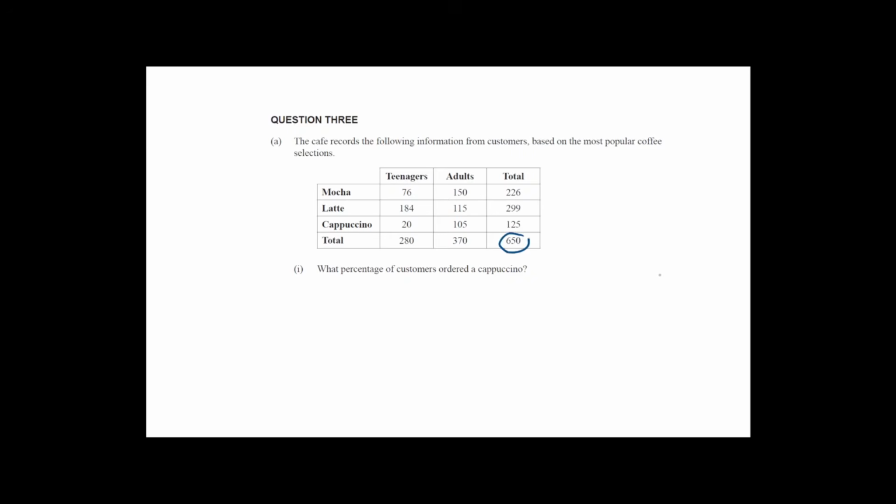It's going to be out of 650, and 125 out of those 650 are cappuccinos. They want it as a percentage. So 125 over 650.